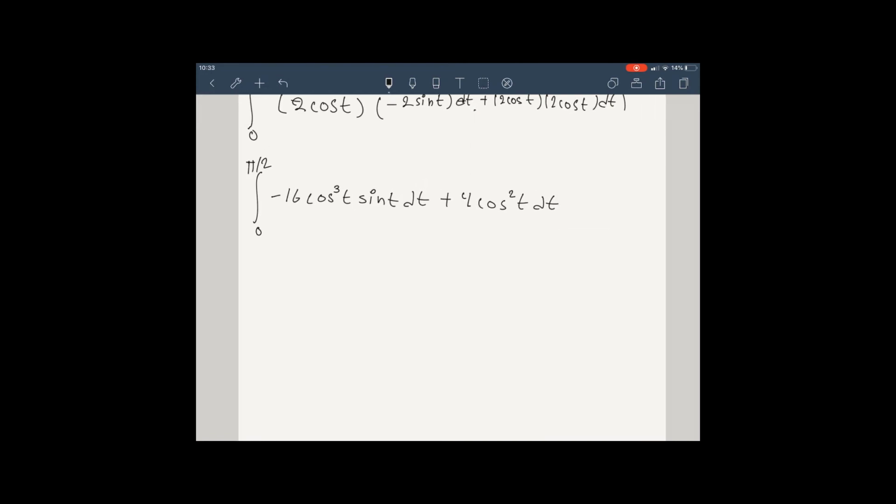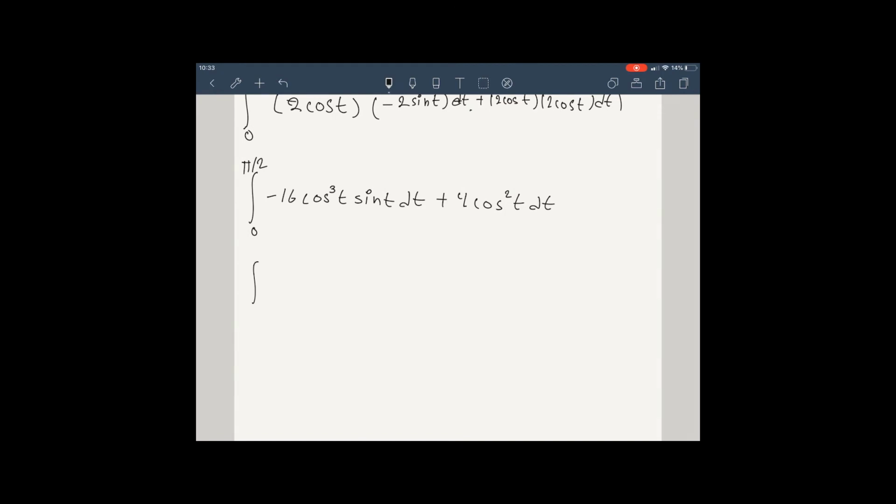Factor out the dt, and I get the integral from 0 to pi over 2 of negative 16 cosine cubed t sine t plus 4 cosine squared t dt.